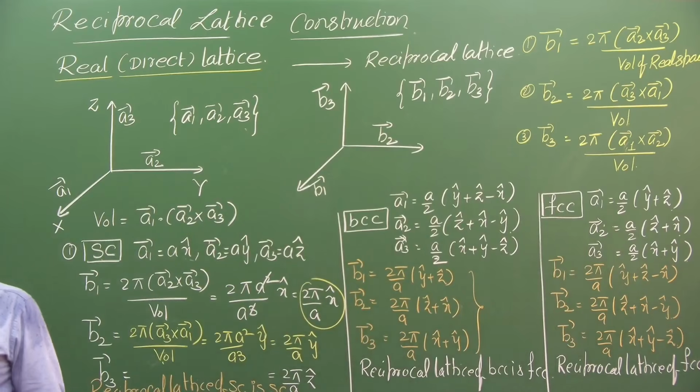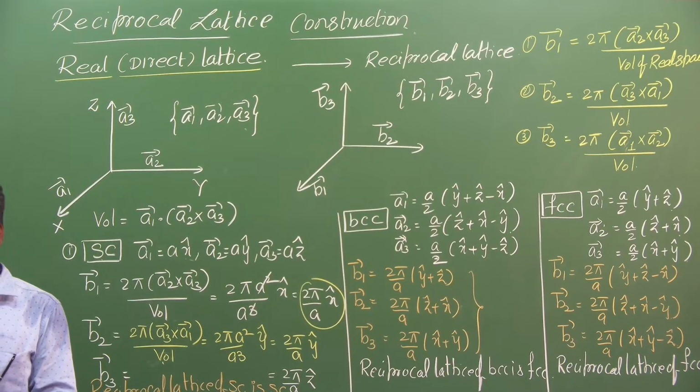So the reciprocal lattice of simple cubic is itself, reciprocal of BCC is FCC and vice versa. That means the reciprocal of FCC is BCC. Don't write directly, you must do the cross product, everyone.